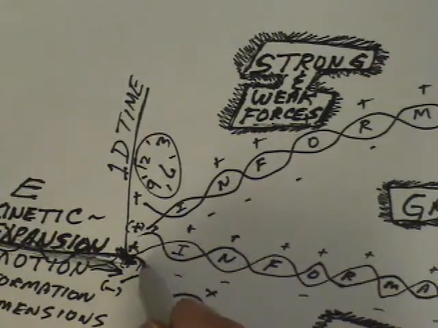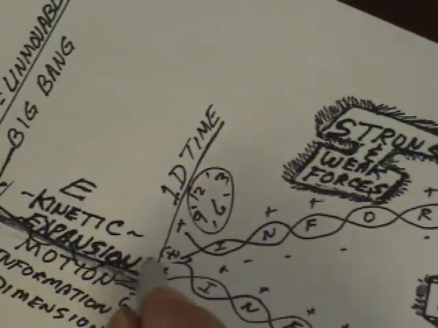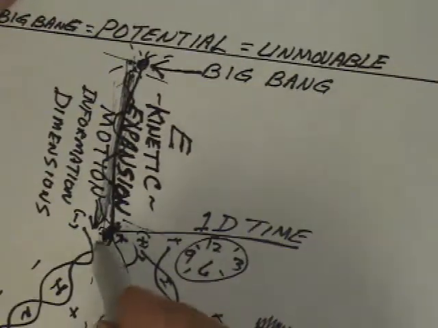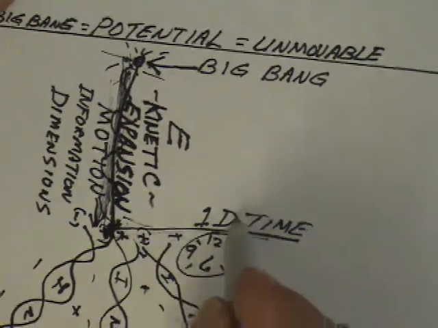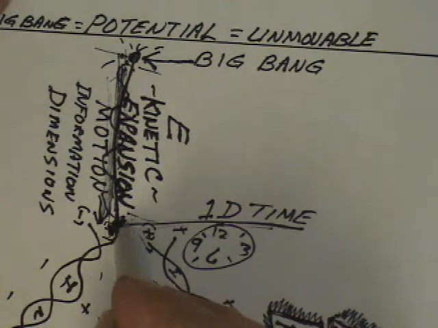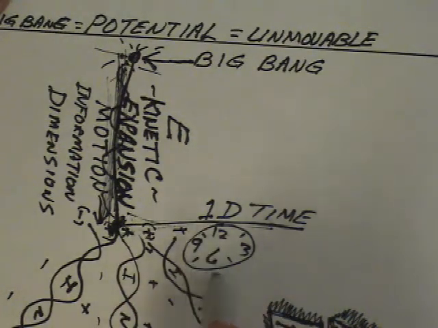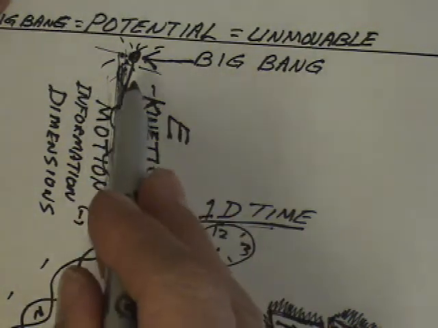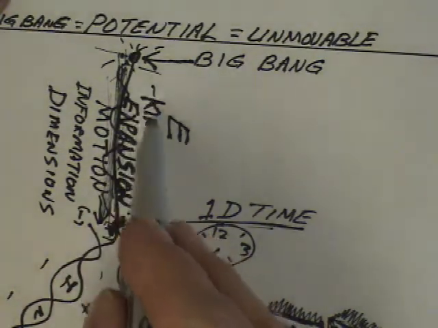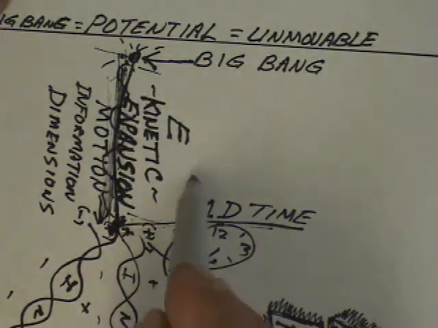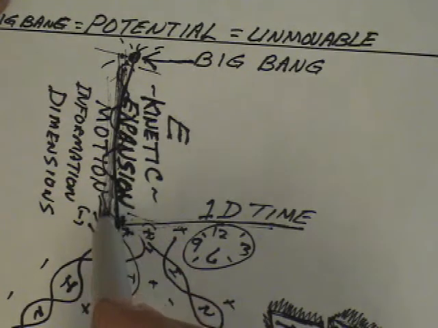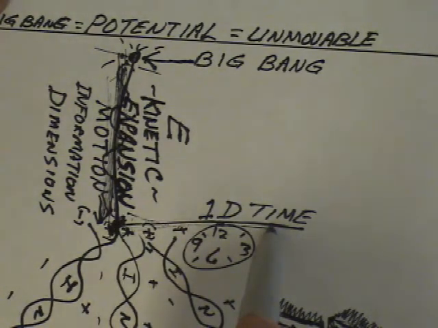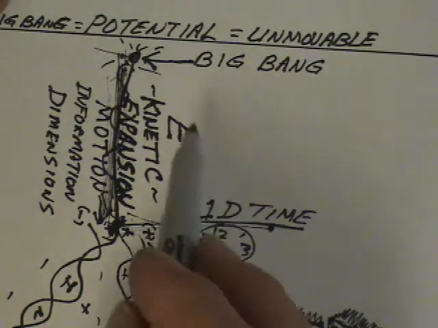So from here, here's your time right here. See that here? Here's your 1D time. 1D time, this is relative time. This is after the Big Bang. It creates 1D time plus 1D length. 1D length plus 1D time equals 2D waves.